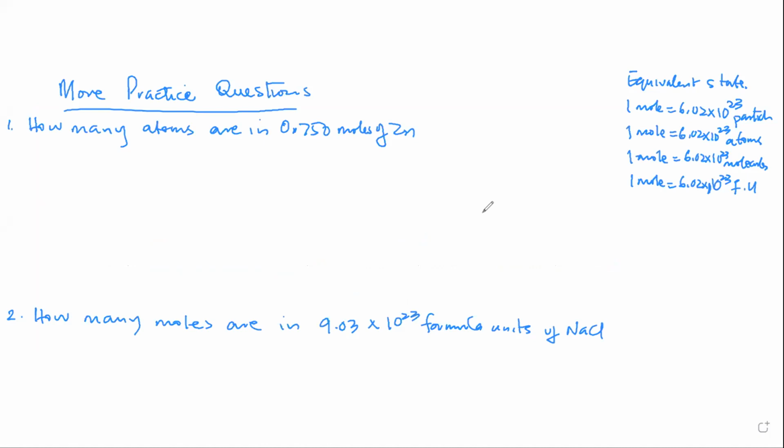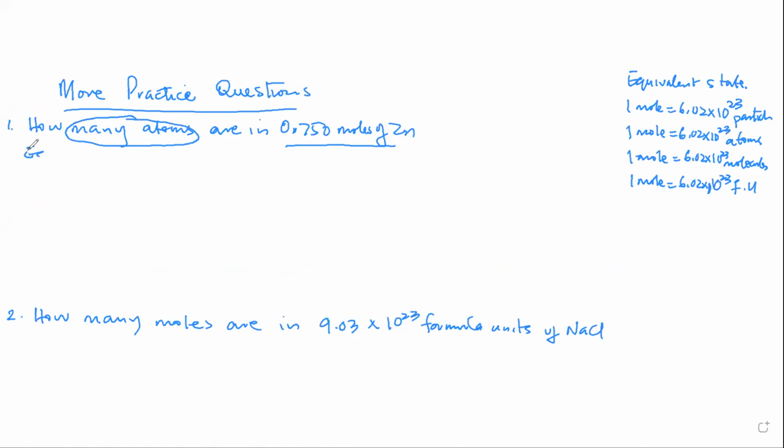The first one: how many atoms are in 0.750 moles of zinc? So we know the moles of zinc, we don't know how many atoms. So we look at the equivalent statements. Any direct relationship between mole and atoms? Yes, right here.